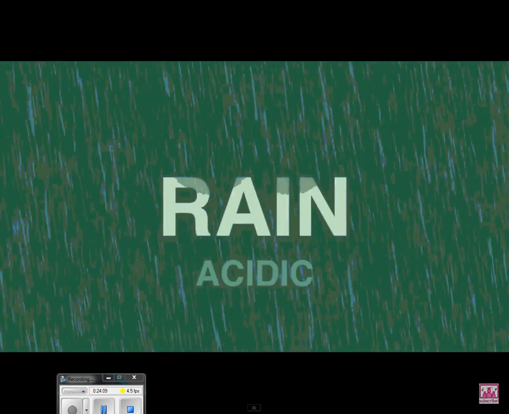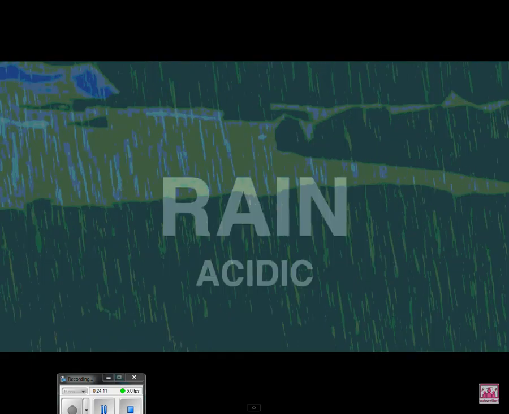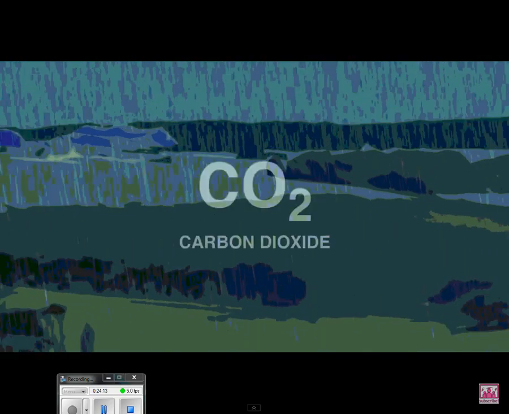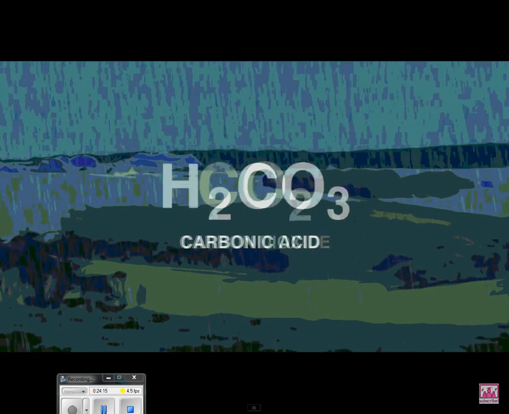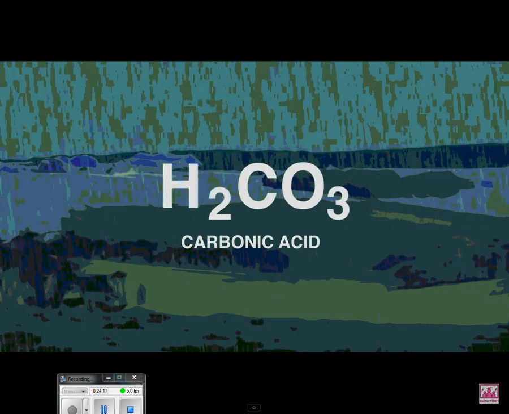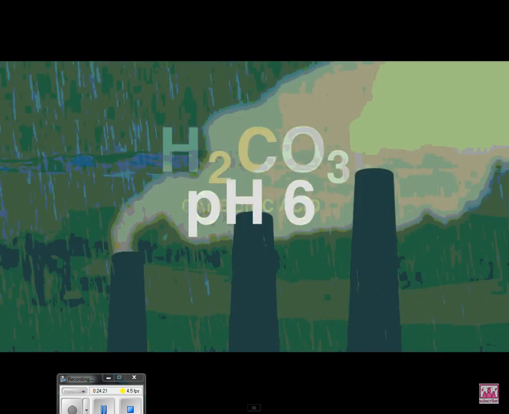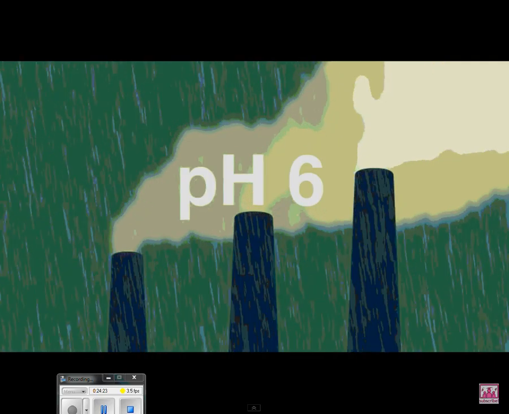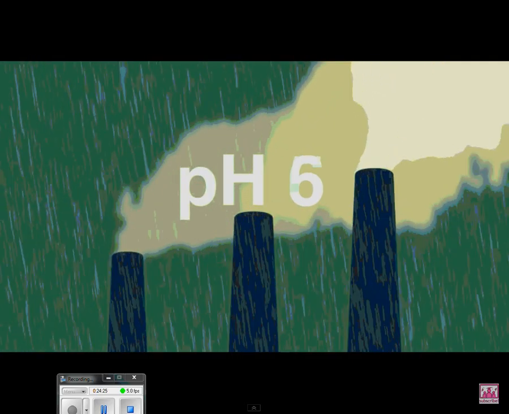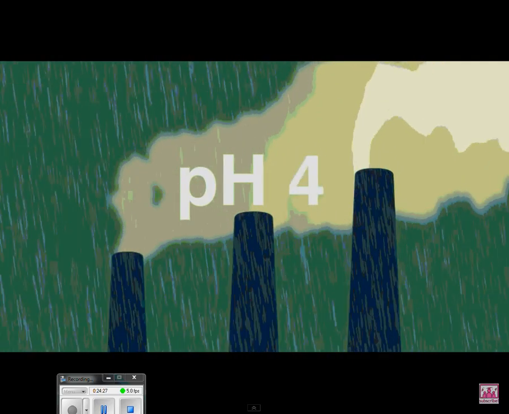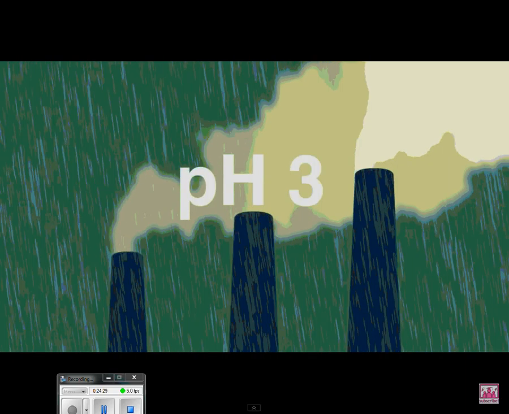Firstly, it's important to understand that rain is naturally slightly acidic. Whilst falling to the ground, the rain dissolves carbon dioxide from the atmosphere to form carbonic acid, a weak acid giving natural rain a pH of 6. It's when we burn fossil fuels that much stronger acids get into our rain to form acid rain with a pH as low as 3.